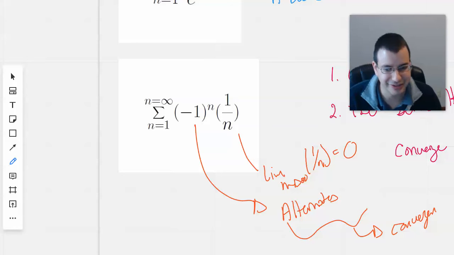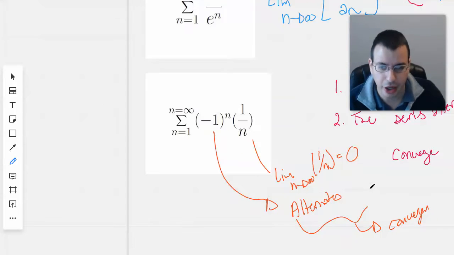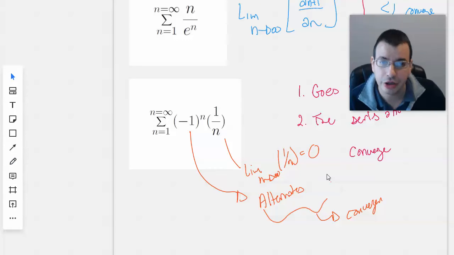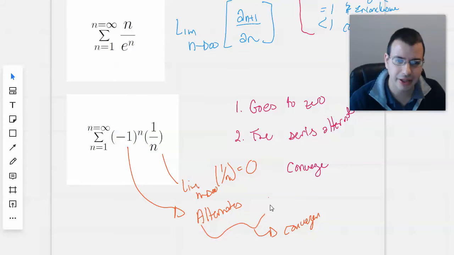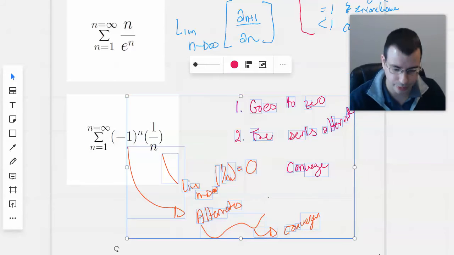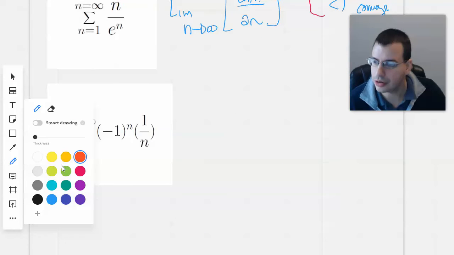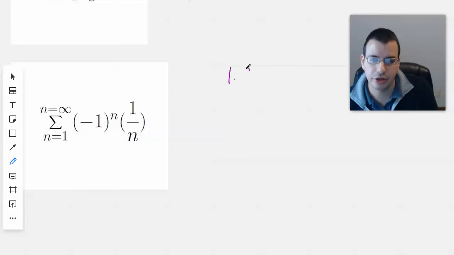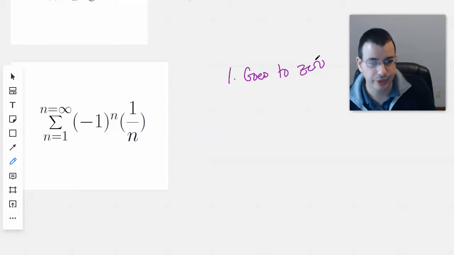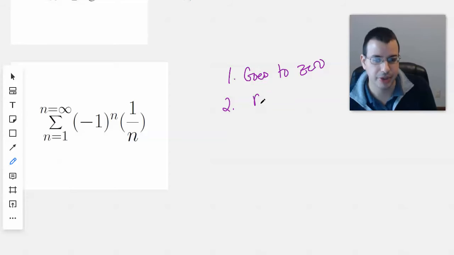Converges. And that's the general idea behind the alternating series test. So, clean up the board slightly. Write up the rules for alternating series. Goes to 0 and alternates, meaning that there's going to be some form of -1 to the n.